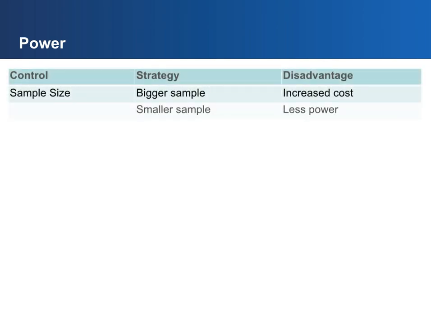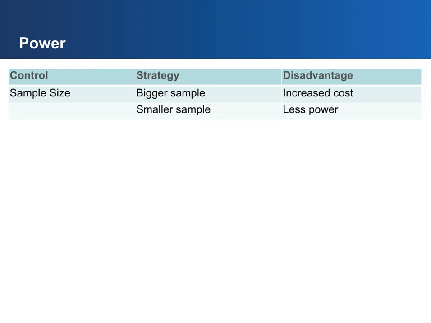So just to recap, different strategies for increasing our power would be, the first one, changing our sample size. We can take a bigger sample and get more power, but it can also cost us a lot more.